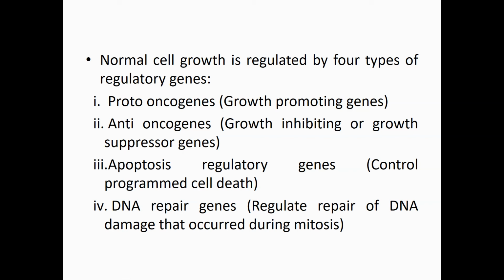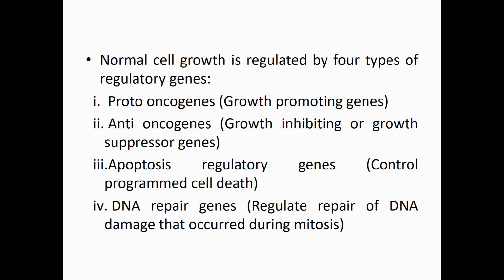When cell division or tissue growth is not required, these genes become suppressed and the anti-oncogenes are activated and produce growth inhibiting factors. The balance between these two kinds of genes decides the growth of the tissue, and it is very important.